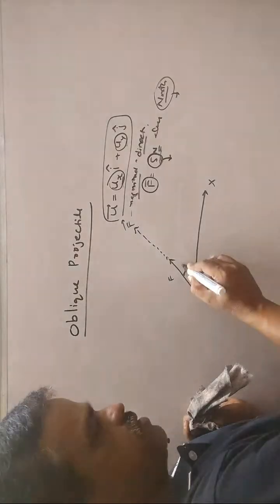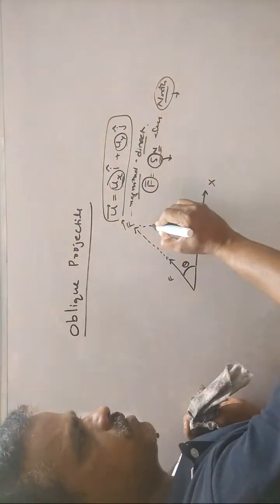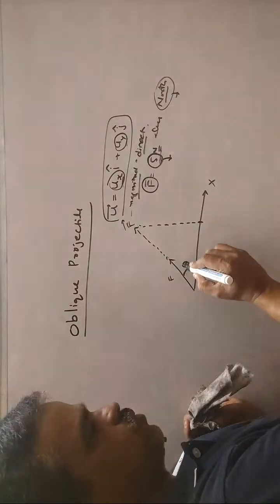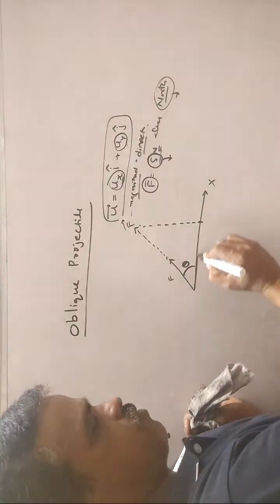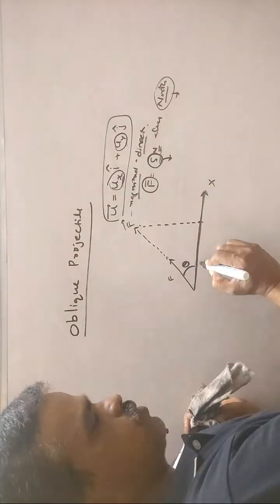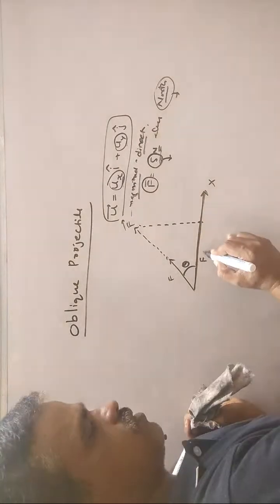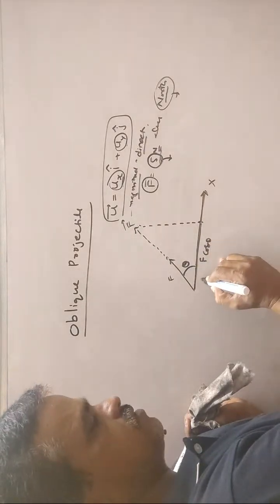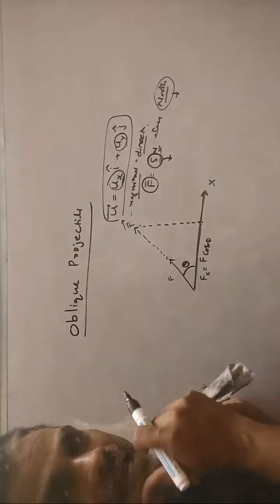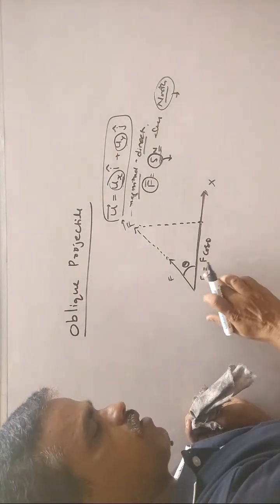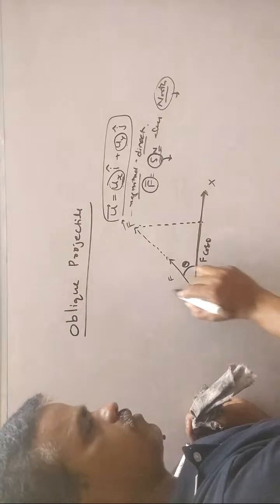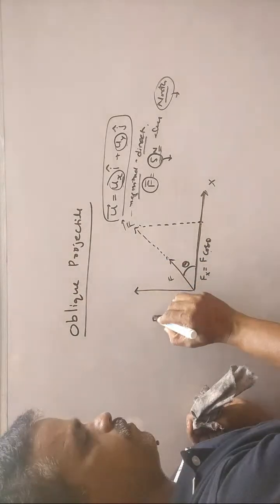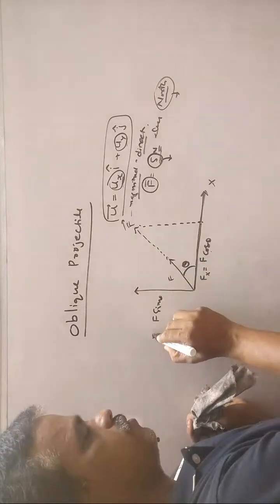It is making angle theta with the horizontal x-axis, so f will take cos theta. F cos theta is the component along the x-axis, that is fx. The x component of force is f cos theta. The other will take sin theta, that is the fy component.